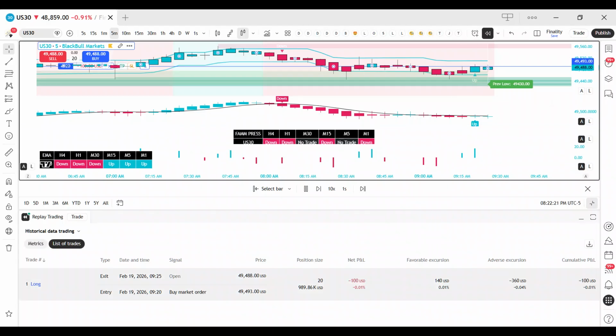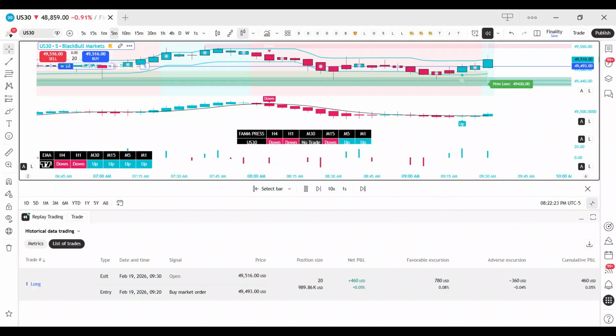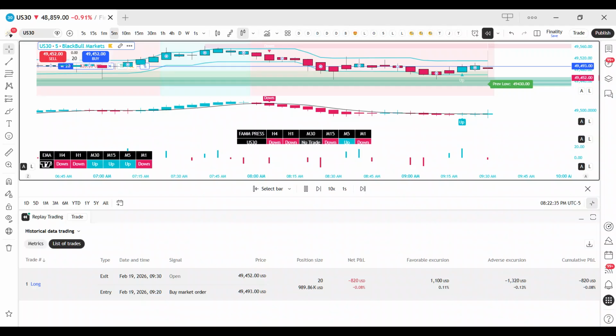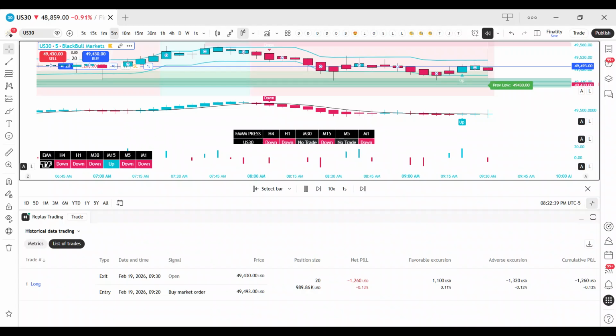Biggest drawdown 360. Biggest push up 140. Biggest drawdown 380. Biggest buy 1,000. Biggest positive 1,000.